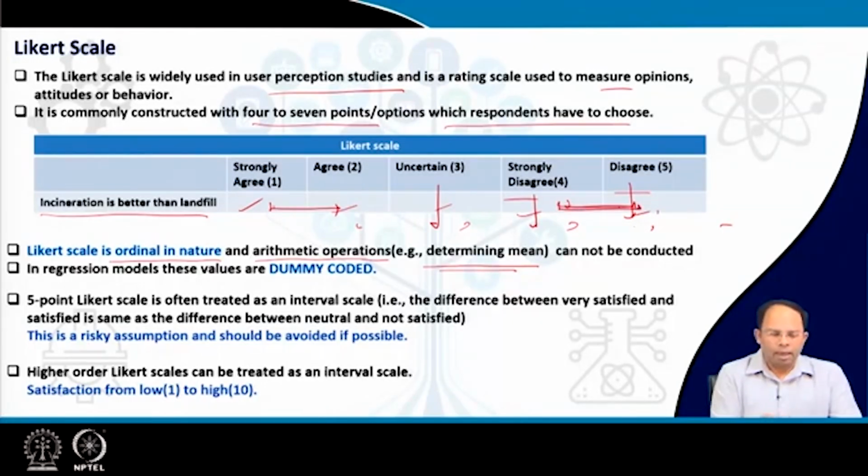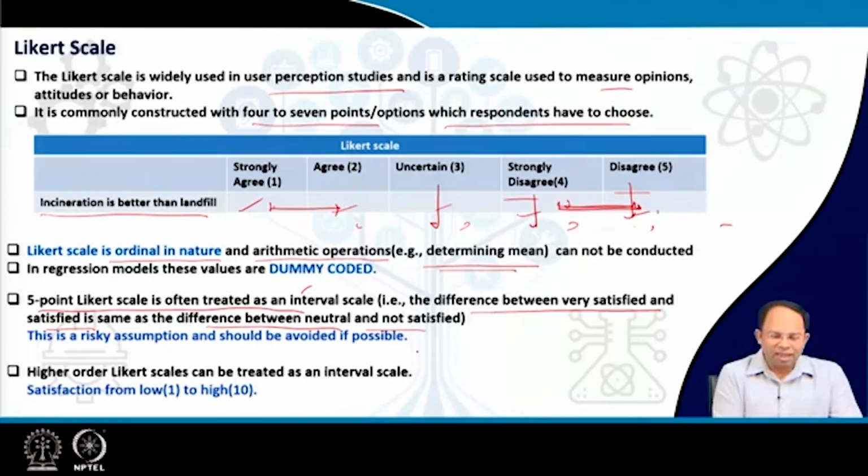But sometimes when the Likert scale is of a higher order, like a 5-point Likert scale, people consider it to be an interval scale. That means they assume that the difference between very satisfied and satisfied is the same as the difference between neutral and not satisfied.